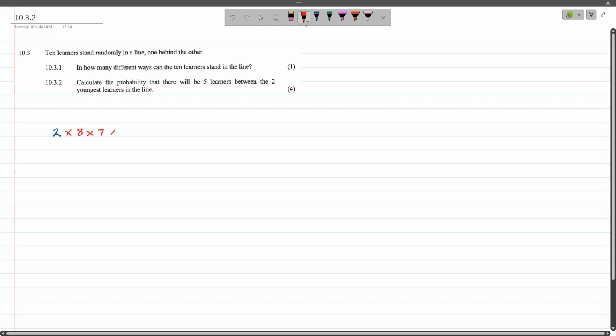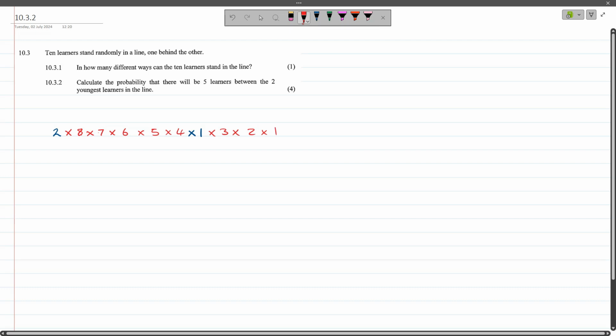Then that would be 7, that would be 6, that would be 5, and then that would be 4. So this makes 1, 2, 3, 4, 5 kids in between, and then inevitably one of the other kids has to be somewhere over here, and then the rest of the kids, 3, 2, and then the last one over here.